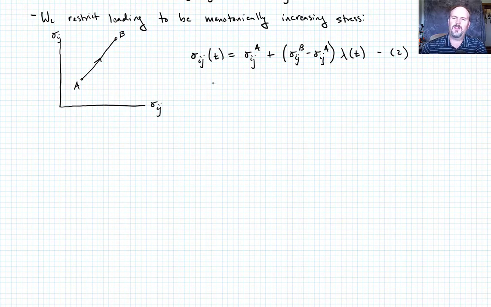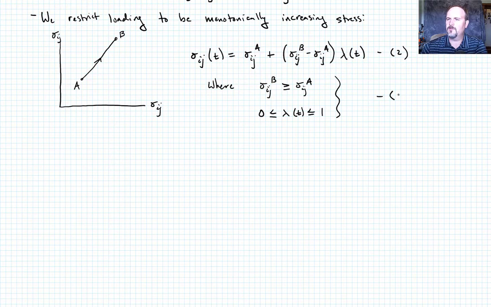And the only thing that we require is that sigma ij at B be greater than or equal to sigma ij at A. Otherwise we don't have an increasing stress. And we also require that lambda be some value between 0 and 1. Those restrictions we'll call equation 3. And I'll say also where lambda is an increasing function of time.